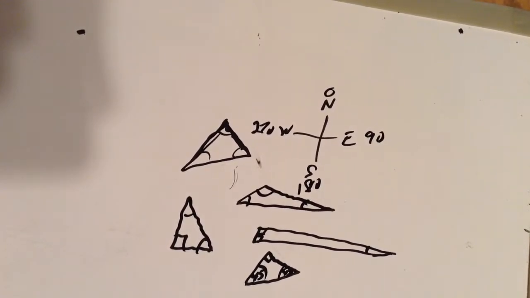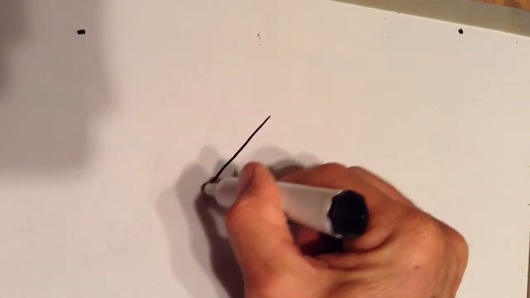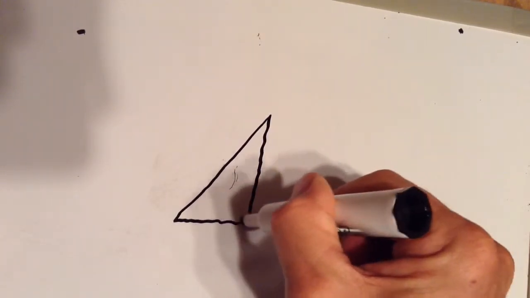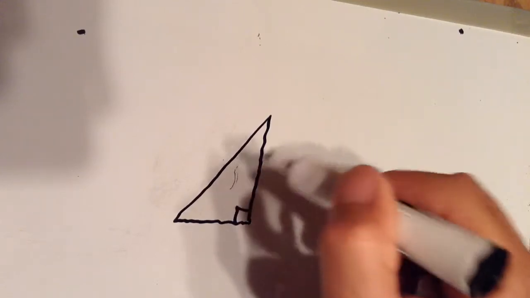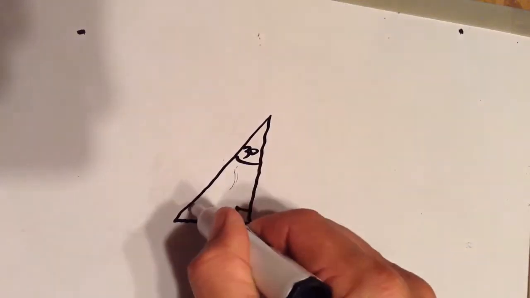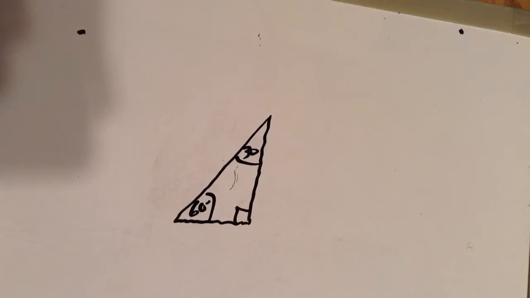Some famous right triangles are the 30-60. Let's see if we can draw one of them. Here's a 30-60. One angle is 60 and the other is 30, and then it's a right triangle. That's a 30-60 right triangle.